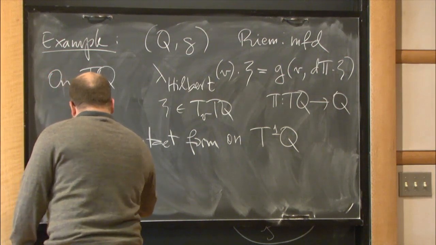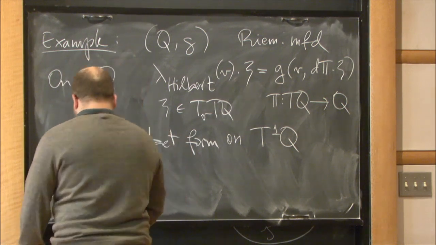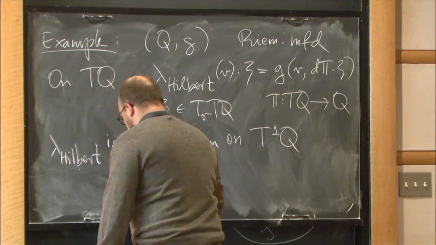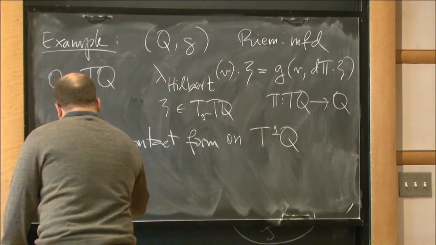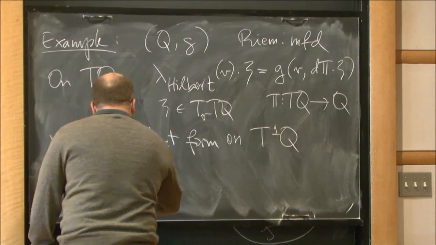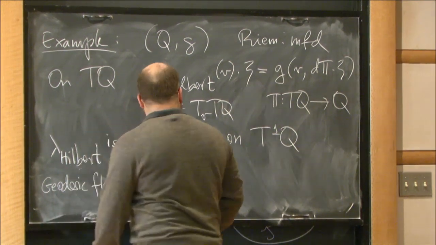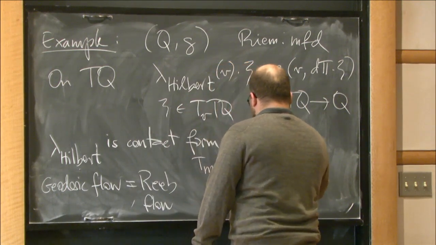T_min, I should say, very important fact. The geodesic flow of the metric is the Reeb flow, which means that T_min equals L_min.